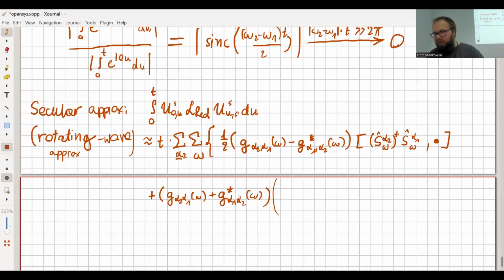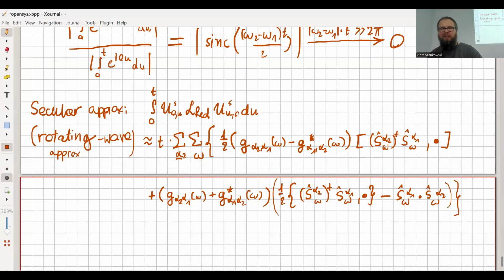And the superoperator we are left with here is one half anti-commutator S alpha 2 omega dagger S omega alpha 1 bullet minus S omega alpha 1 bullet S omega alpha 2. Oop, and close parentheses.